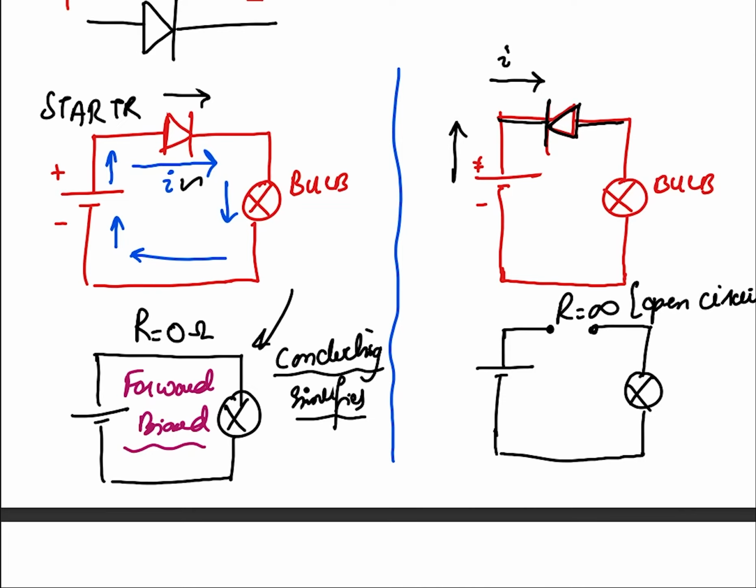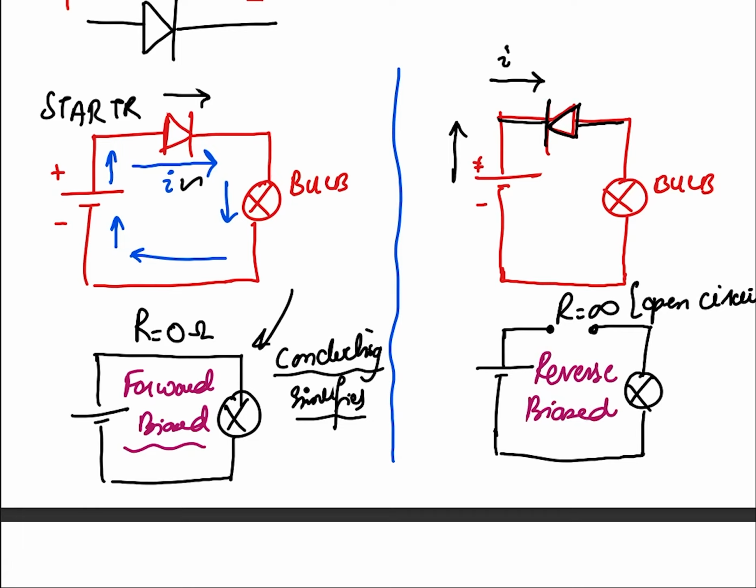So whoever hears forward bias would understand that the direction of the current and the direction of the diode are the same, so the current is allowed to flow through it. On the other hand, this side of the circuit will be known as reverse biased.